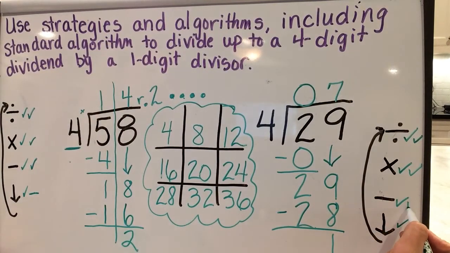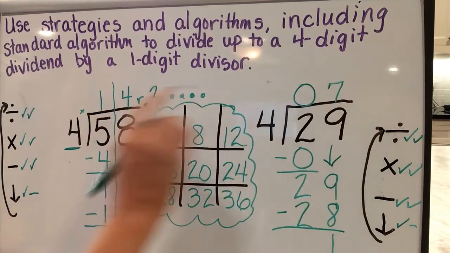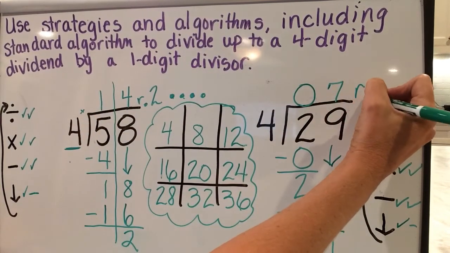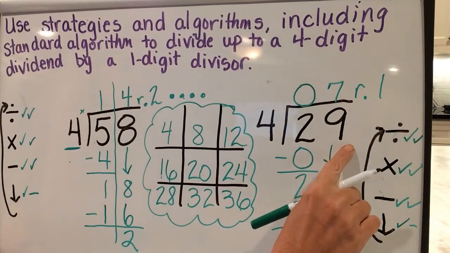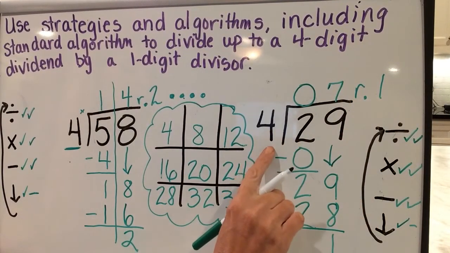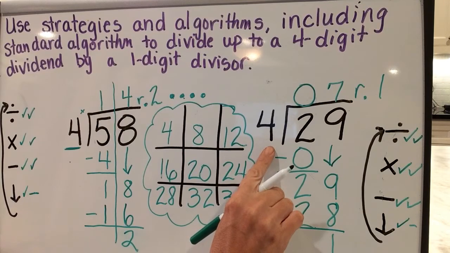Sometimes I forget to do my check marks. I can just double check that I did that. And now I'm finished. So that means this 1, I can't just leave down there. I have to put it up here as part of my answer. And remember I said I had 29 pieces of candy and I wanted to give them to 4 friends equally, the same amount to each one.